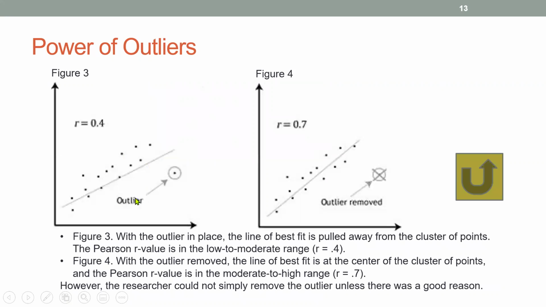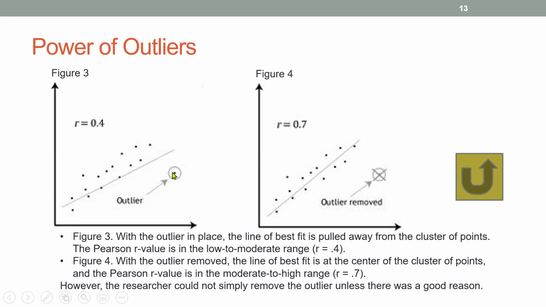Outliers are very powerful, as we've discussed. Right here, we have a data set that has an outlier. Let's imagine that it's an exam score. Let's say this person did well on the third exam and blew the final exam, got a lower score, and it had something to do with, say, taking a new job during the time the final exam was given.